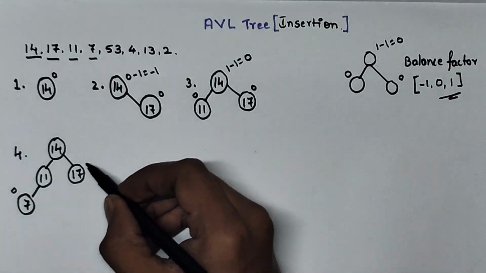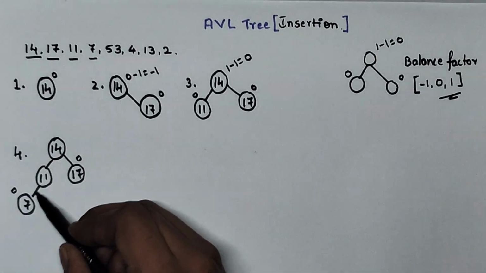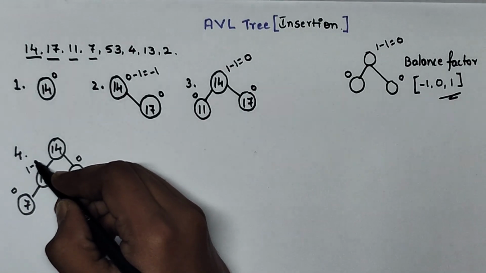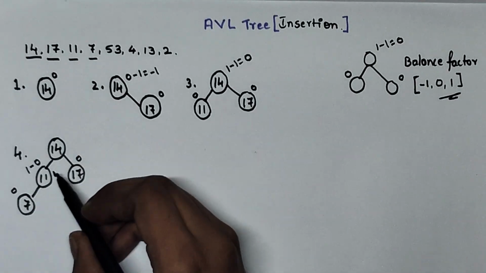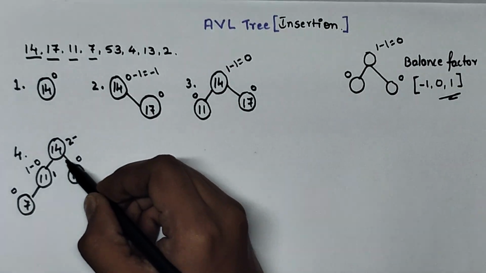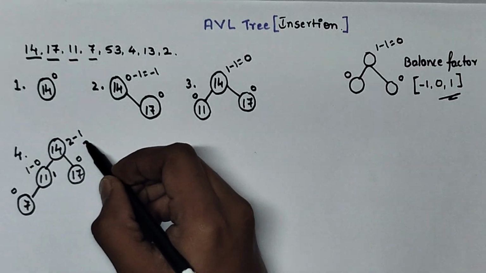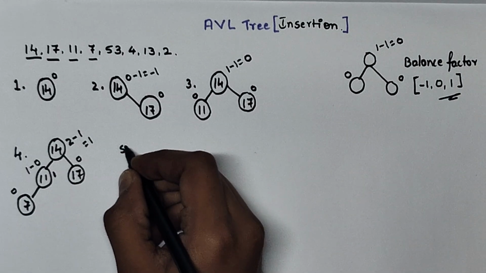For 17 also no children are there, so it is 0. For 11, one left child minus no right child, so 1 minus 0 will be 1 itself. Next for 14, 2 children are there on the left side, minus 1 child on the right side, so 2 minus 1 will be 1. All the balance factors are allowed in the range, so we will proceed with the fifth step.